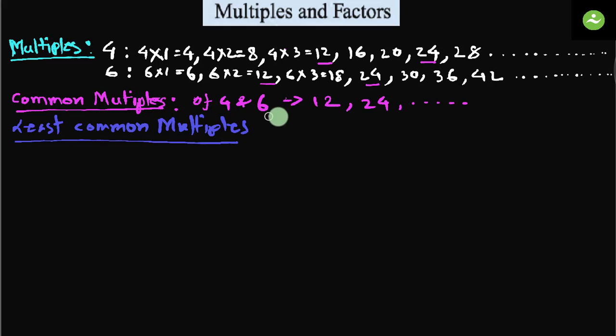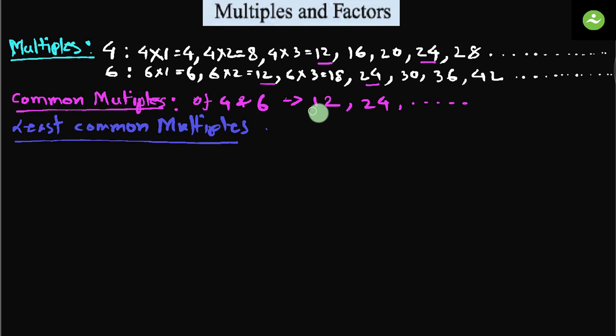The common multiples are 12 and then 24. So if I ask you which of the common multiples is smallest, what will be your answer? Certainly you will say 12 is the smallest common multiple. There is no common multiple smaller than 12.